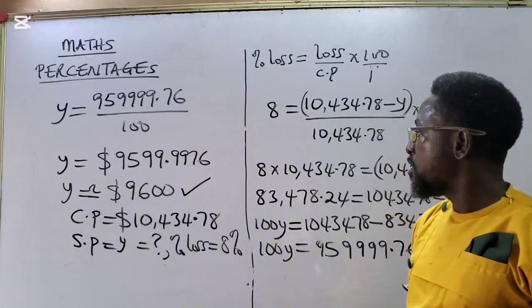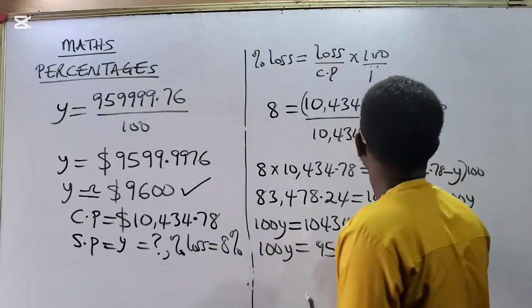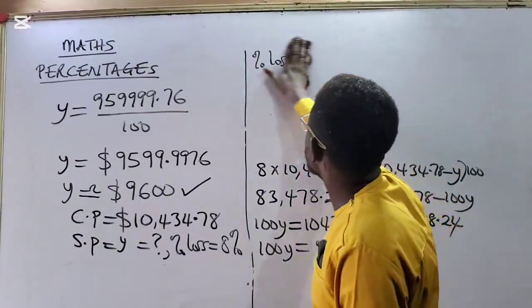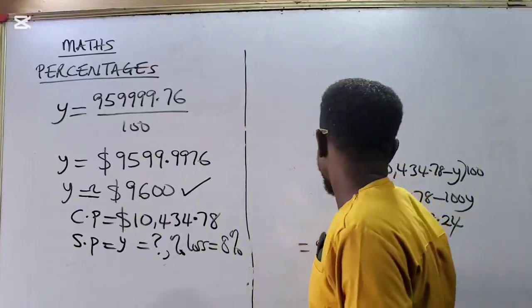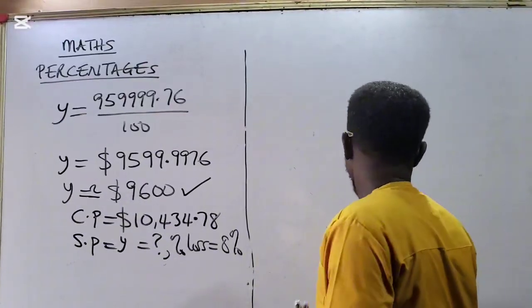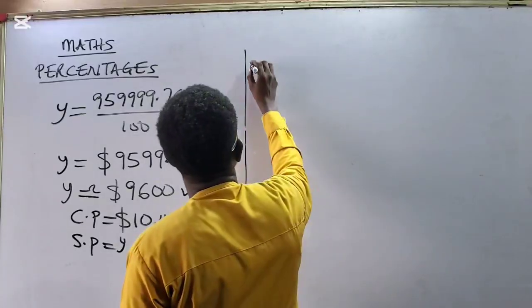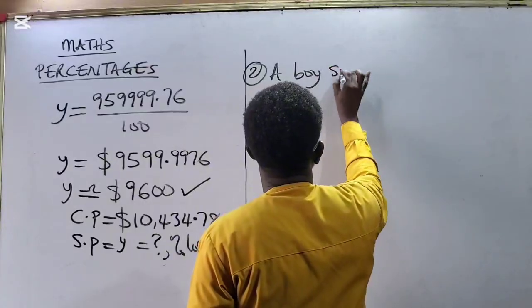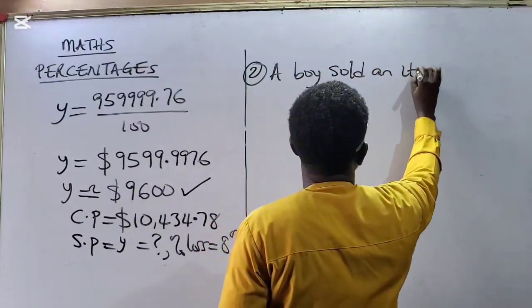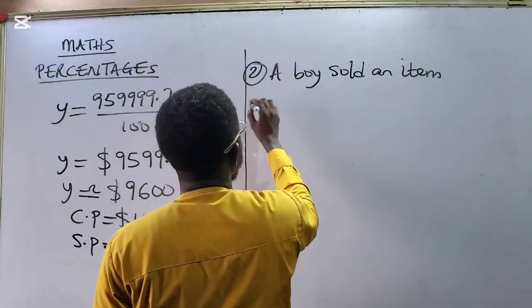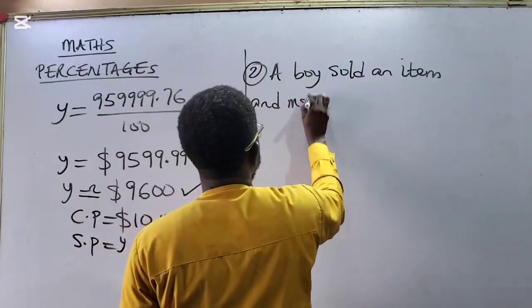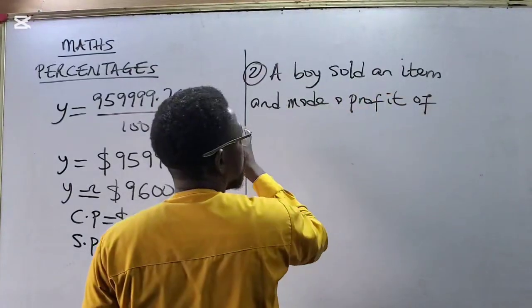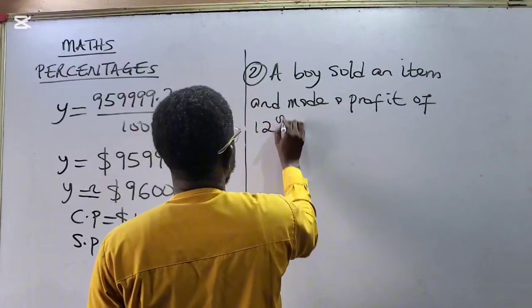Let's see another example. Example 2. A boy sold an item and made a profit of 12%.